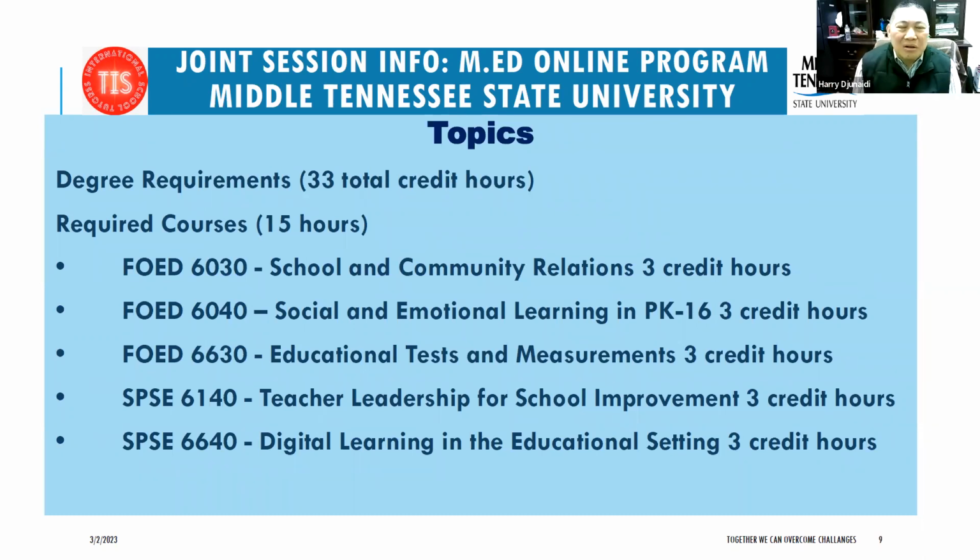Now, the degree requirement is 33 credit hours. That consists of 15 required, and the rest is the elective. Am I correct, Dr. Craig? Is the digital teaching and learning masters also 33 hours? Yes, it is 33 hours.